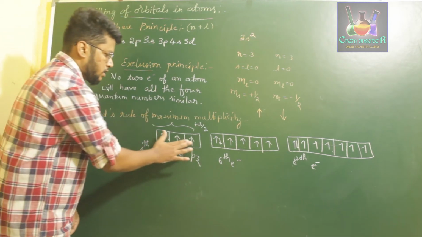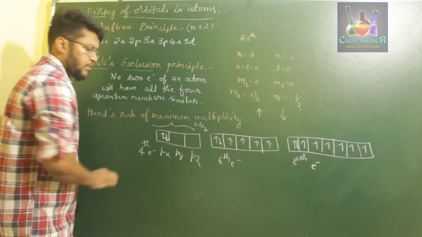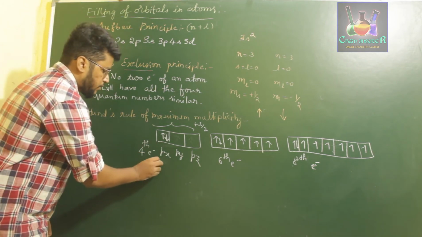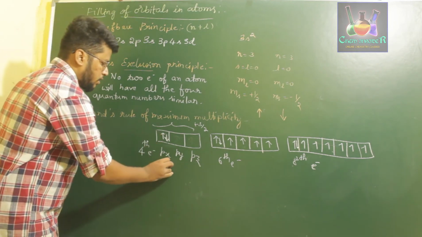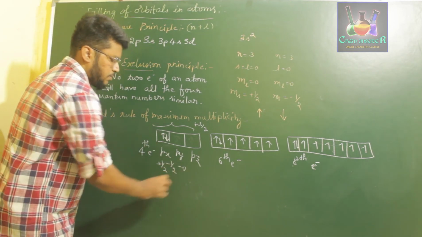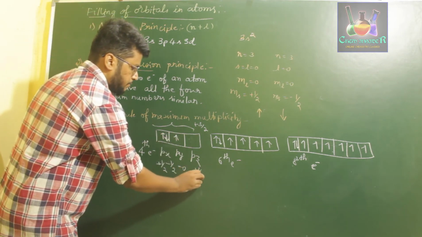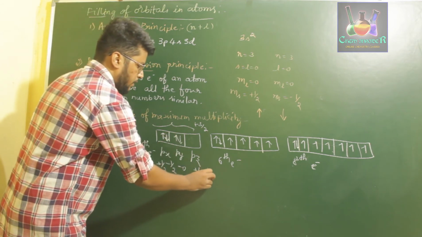So let us consider that we take off these two electrons and start pairing these two. If you consider the second electron being paired, the first value of spin will be plus 1 by 2. Once it starts pairing, it will add with minus 1 by 2, and the value will be 0. The next electron coming here will give us plus 1 by 2, and the fourth electron will pair up with this, giving minus 1 by 2.